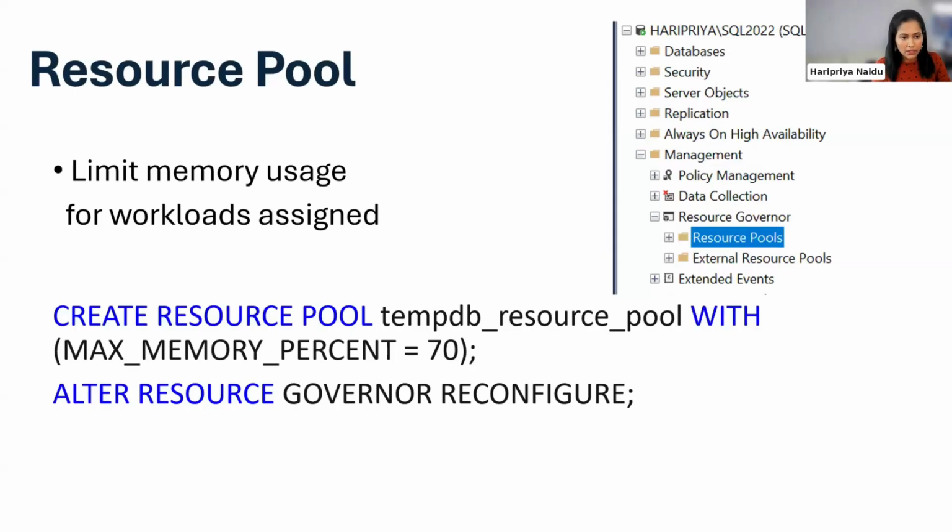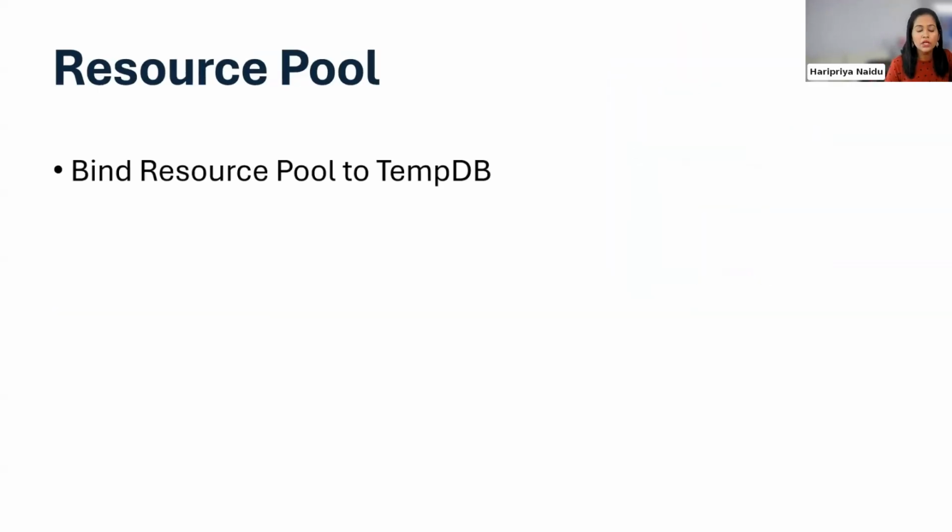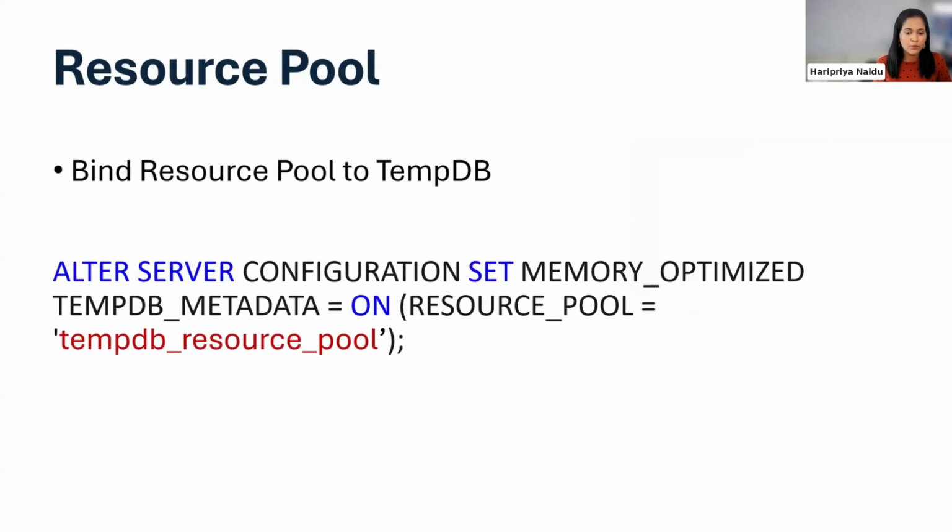And for this to work, after you create the resource pool, you actually need to bind this resource pool to TempDB. So this is how you do it. Set memory optimized on, and then just mention that resource pool that you just created. And again, for this to take effect, you have to restart the SQL service.